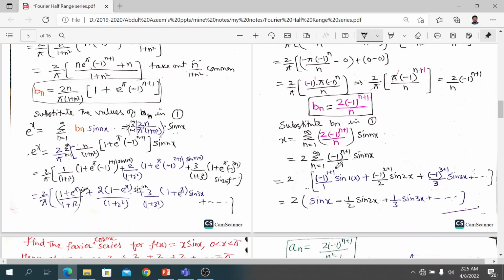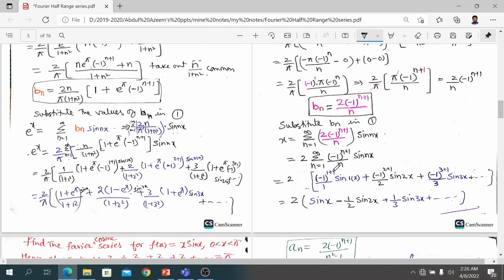Substitute in the first equation. So x is equal to sigma n equal to 1 to infinity bn, and the bn value is this one, sin nx. These two take outside: sigma n equal to 1 to infinity, minus 1 power of n plus 1 by n, sin nx. Now expand it, wherever n is there: minus 1 power of 1 plus 1 by 1 sin 1x, plus minus 1 power of 2 plus 1 by 2 sin 2x, plus minus 1 power of 3 plus 1 by 3 sin 3x, up to so on.